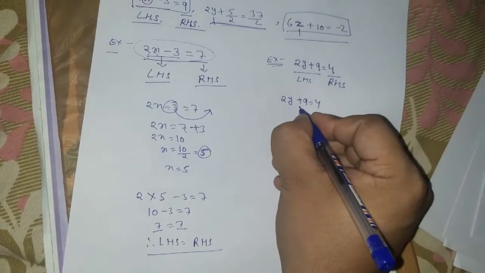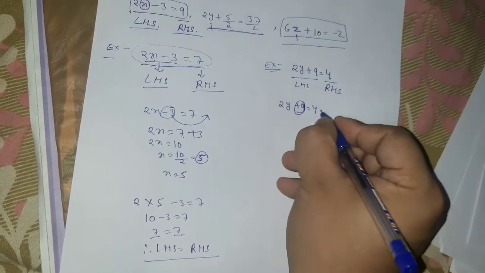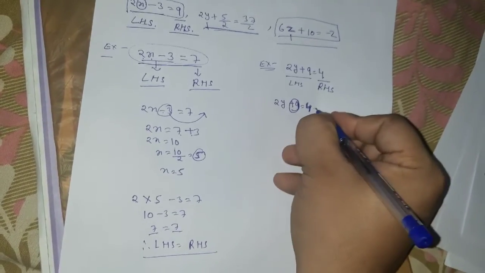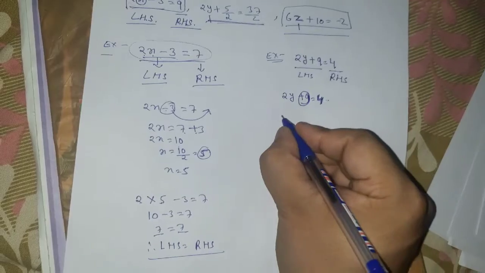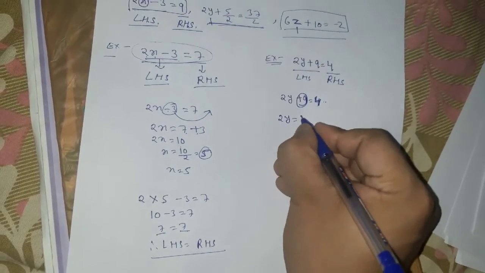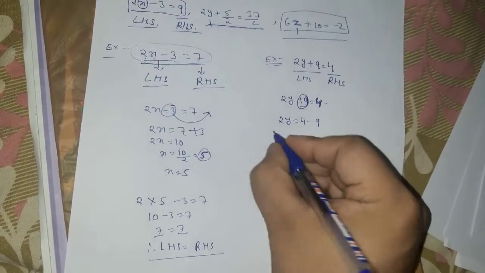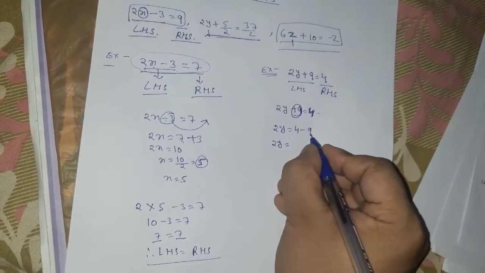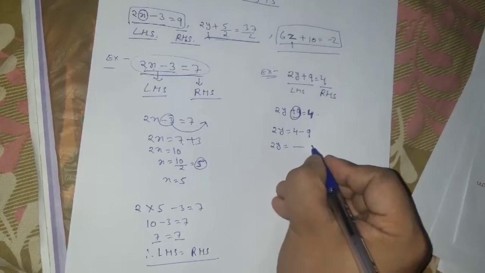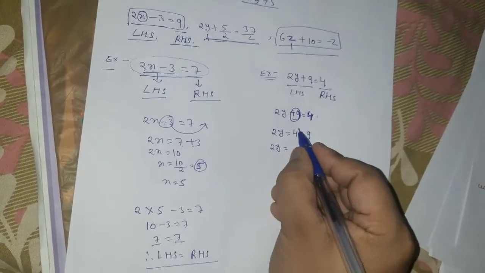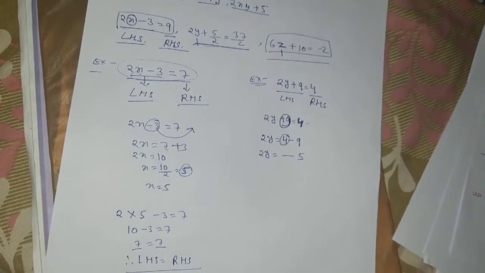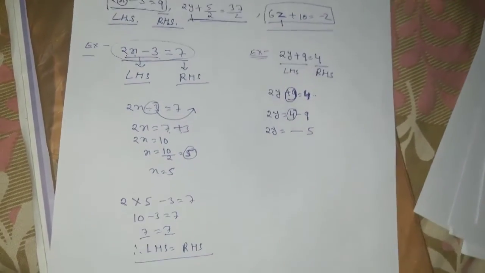If we put this 9 on the opposite side, the plus becomes minus. So 2y equal to 4 minus 9. 4 minus 9 will be minus 5, because we subtract the larger number from the smaller number, so the value will be negative.